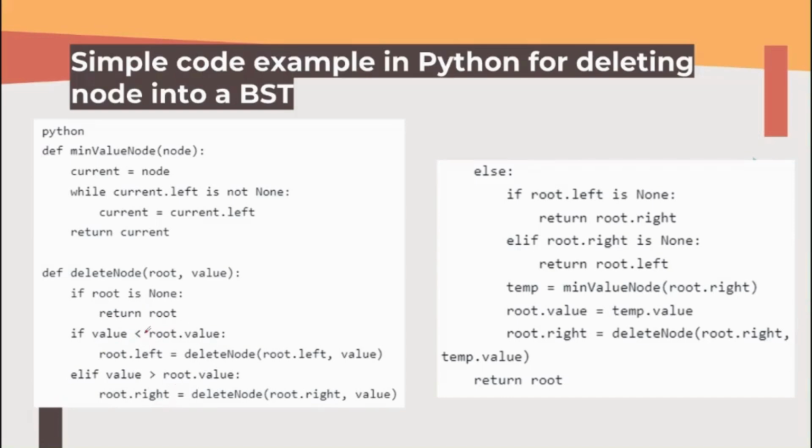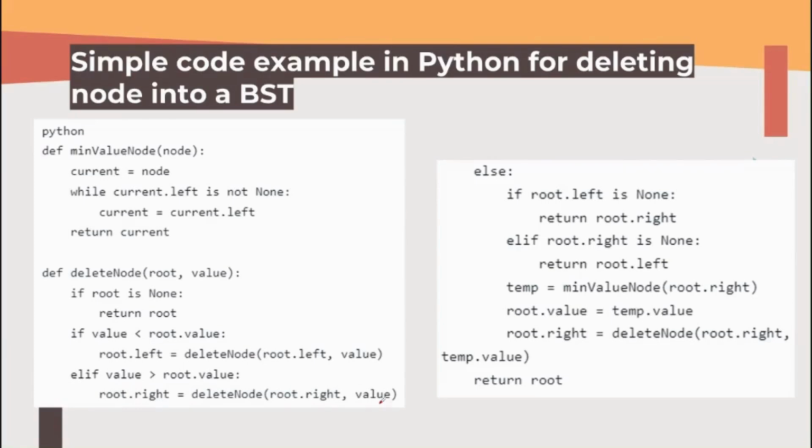If it is less, it moves to the left. If it goes left, it deletes the value in root.left. If it goes right, it deletes the value in root.right.